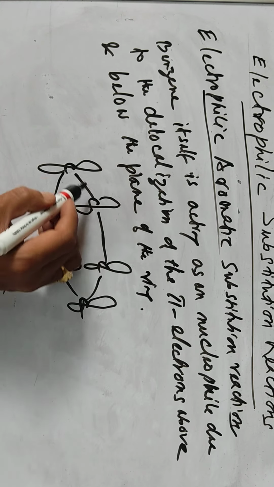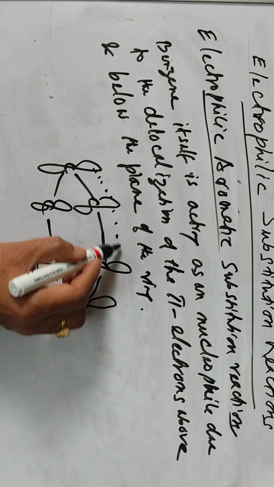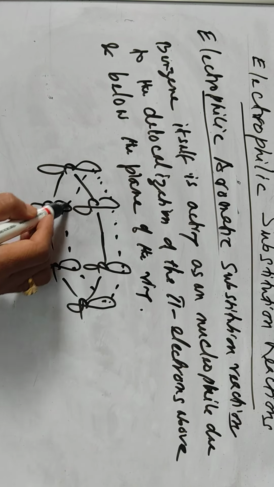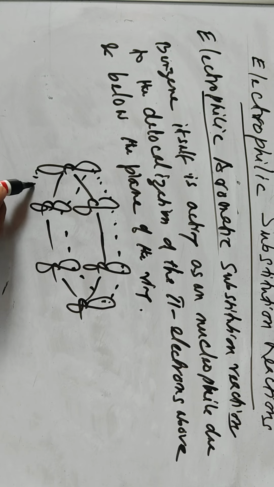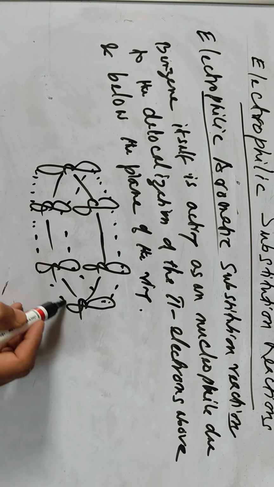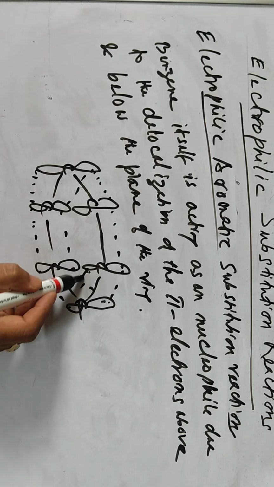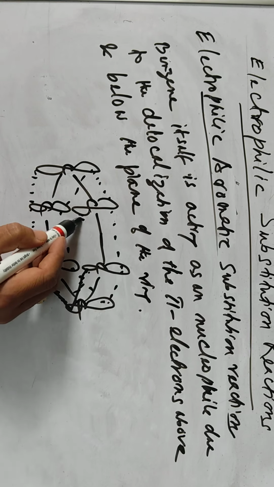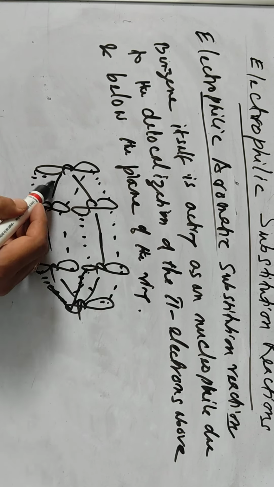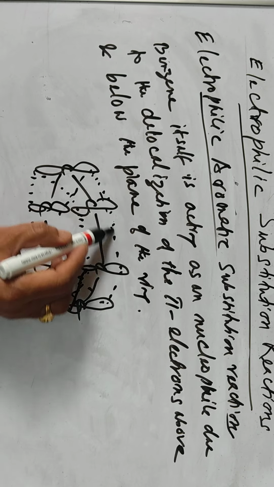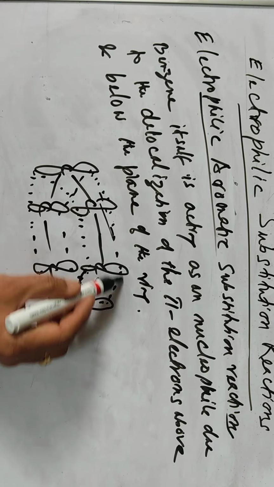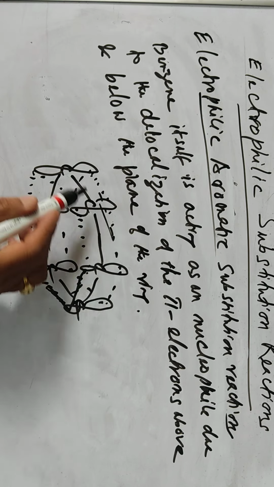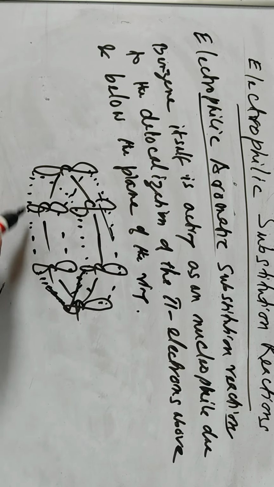So we can have pi electrons here, here, and here. These pi electrons are moving around, delocalized above the plane of the ring and below the plane of the ring.